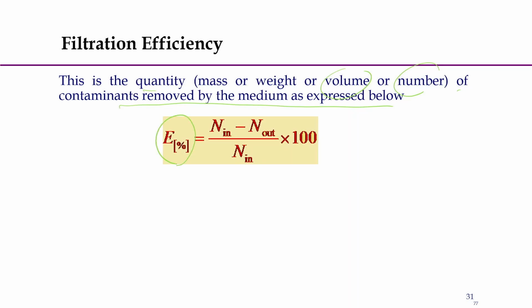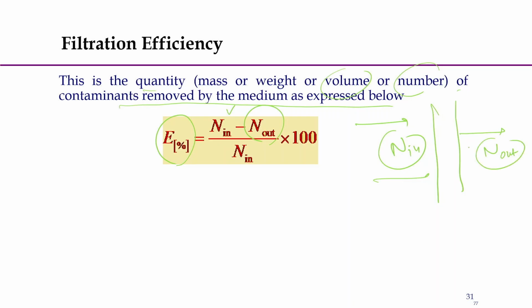You can see E is the filtration efficiency, N in is the particles coming in from the upstream side, and N out is the particles going out. Now, what is N? N may be the total mass of the particles coming, or maybe the number of particles.